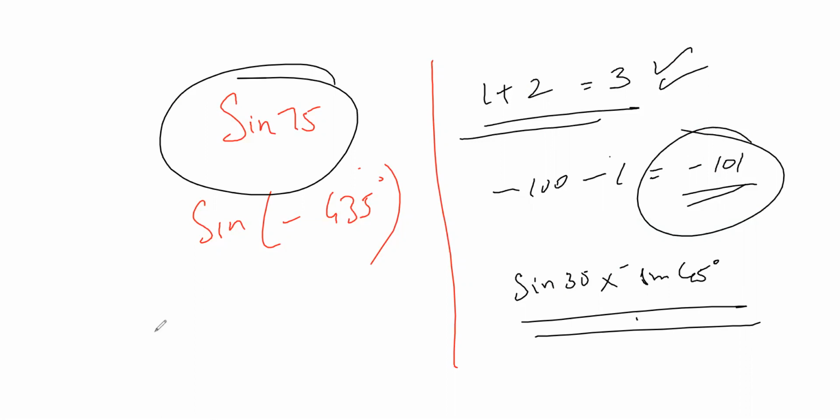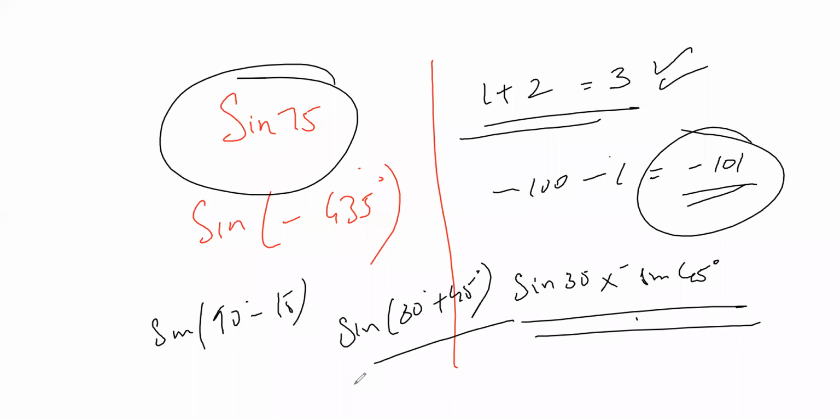Okay, sine of 90 minus 15. But we don't know what the sine 15 value is, right? Again, sine of 30 plus 45, correct. Sine of 30 plus 45 we should do, because then only we can apply the formula: sine A cos B plus cos A sine B. But I'm very happy for those who pointed out 90 minus 15.